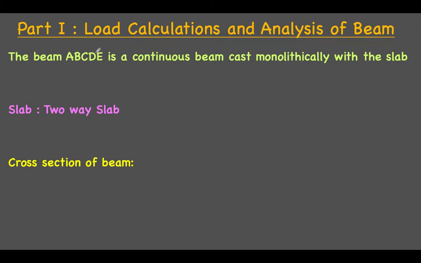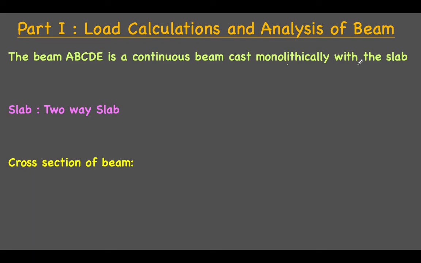Now we will consider the loads coming on the beam. When we have to do load calculation, we have seen the beam is a continuous beam cast monolithically with the slab. This is the general concept that the beam cast monolithically means concreting done monolithically with the slab. But in addition to this, very important is to see whether the reinforcement is provided in such a way that it creates continuity effect over support or not.